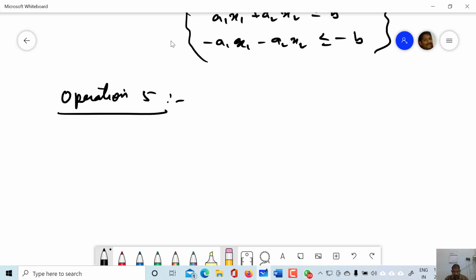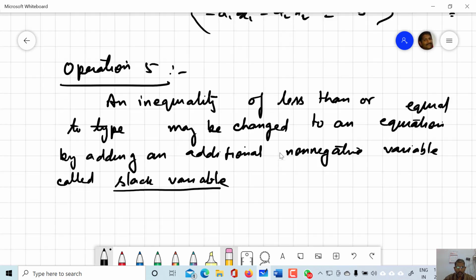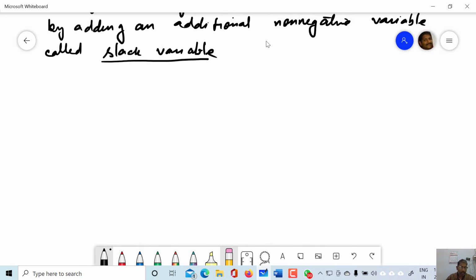An inequality of less than or equal to type may be changed to an equation by adding an additional non-negative variable called the slack variable. For example, suppose a1 x1 plus a2 x2 is less than or equal to p1.